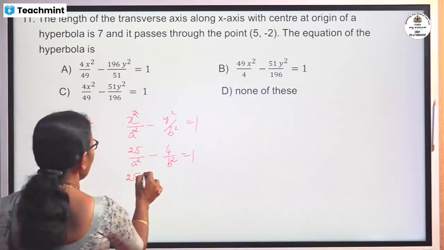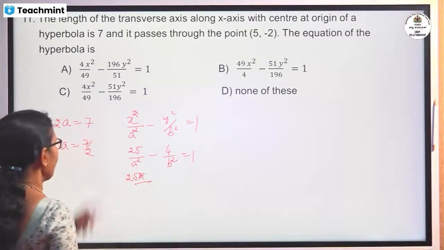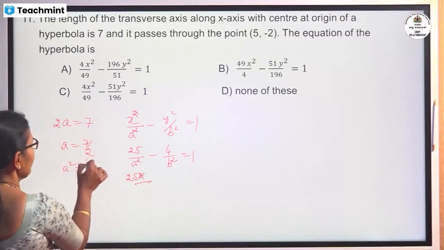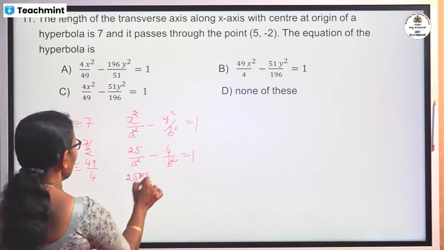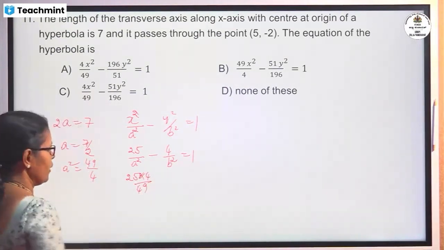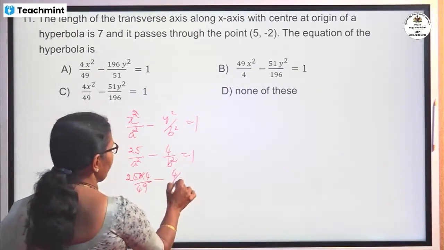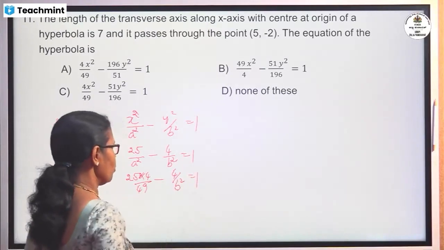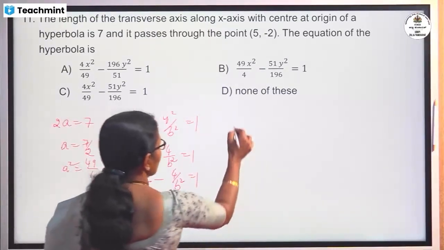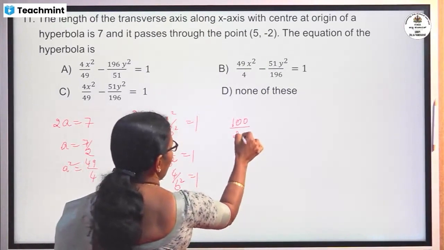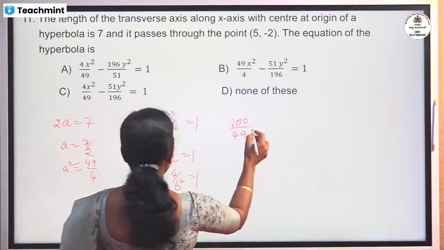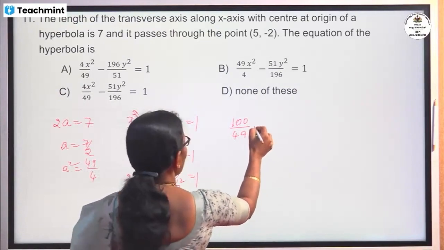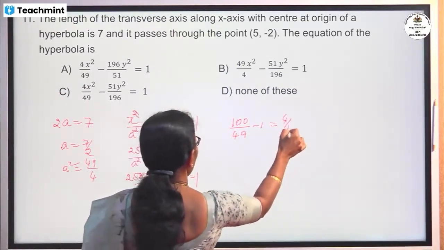Substitute here 25 into a square. A square means 49 divided by 4. Now 100 by 49 minus 4 divided by b square is equal to 1. Now 100 by 49 minus 1 equals 4 by b square.